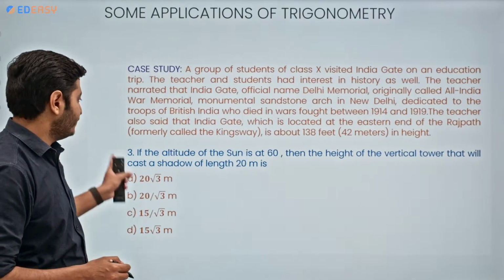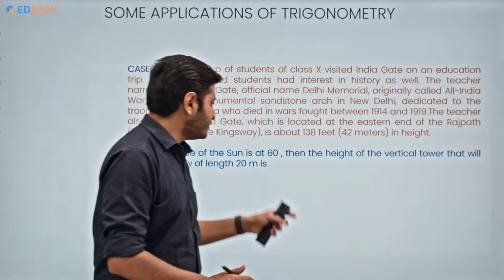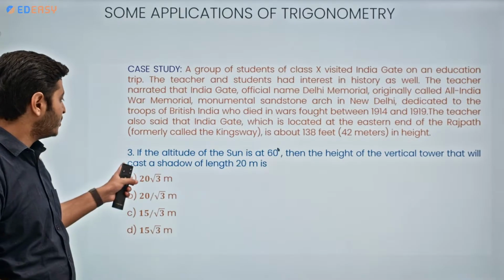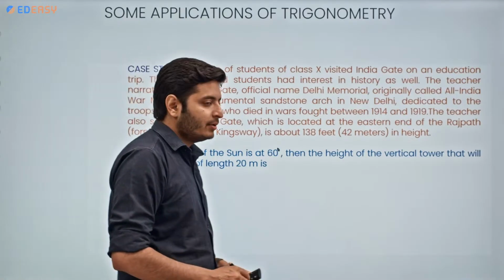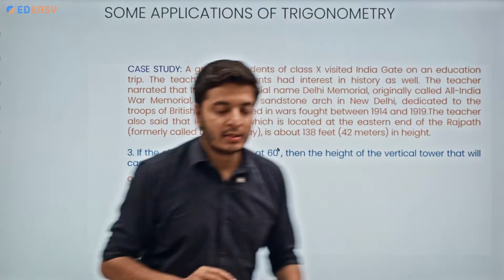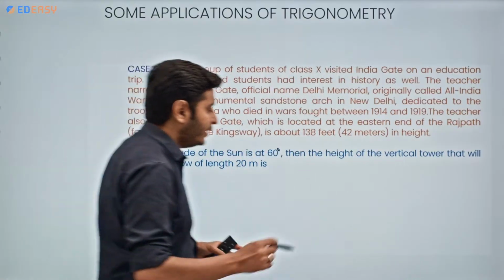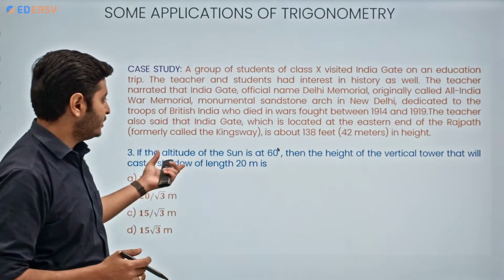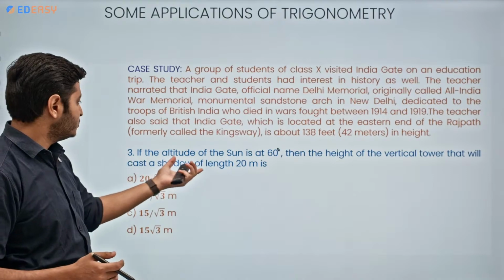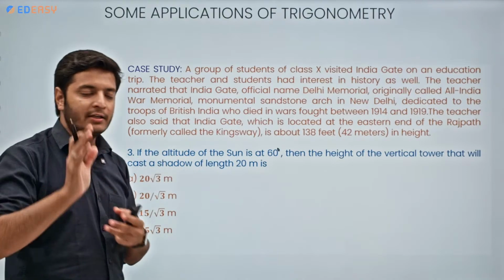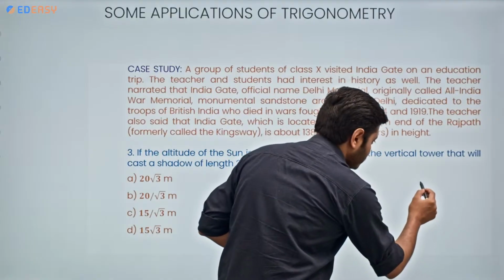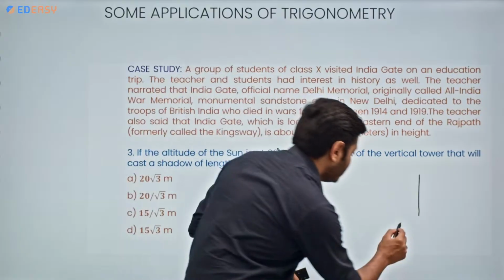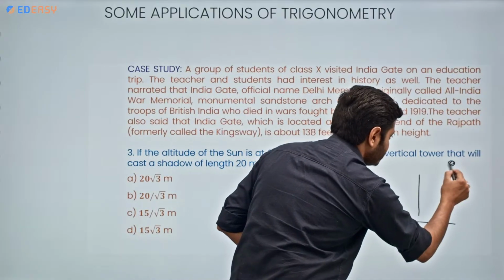Then next problem. If the altitude of the sun is at 60 degrees, then the height of the vertical tower that will cast a shadow of length 20 meters. This type of problem is important. Whenever we are talking about a shadow because of the sun, or it is given that the sun is at an altitude of 60 degrees, suppose this is one vertical tower and the sun is here somewhere.